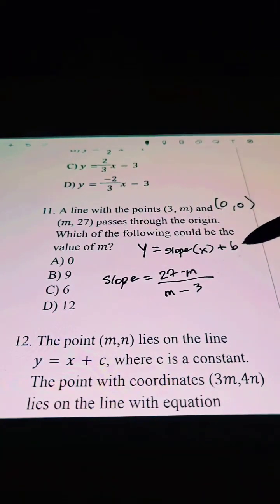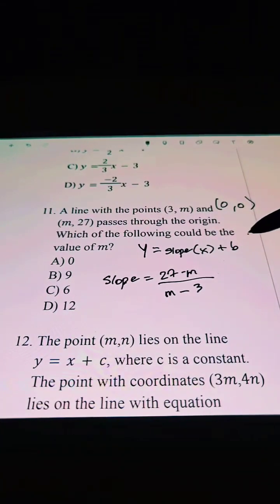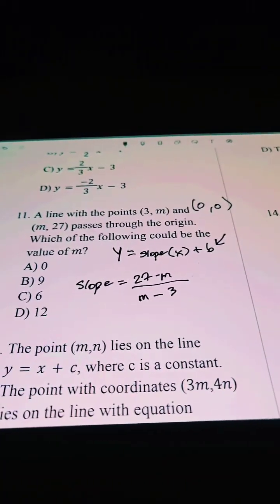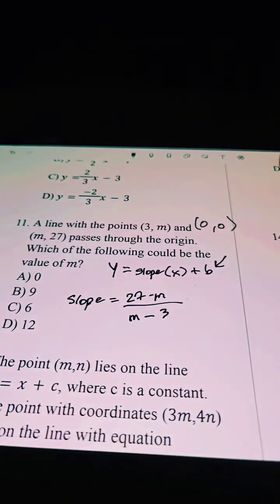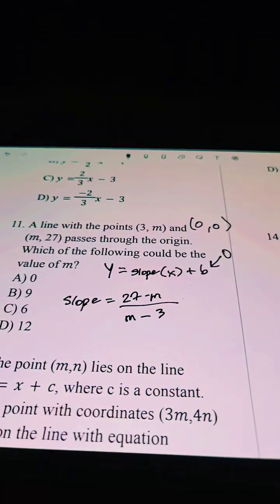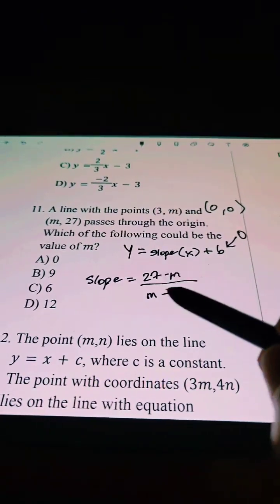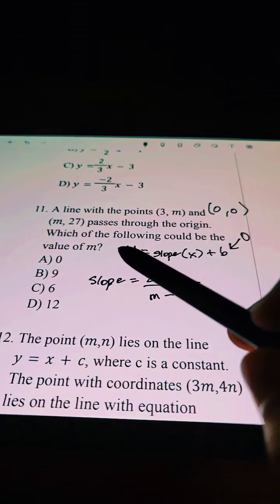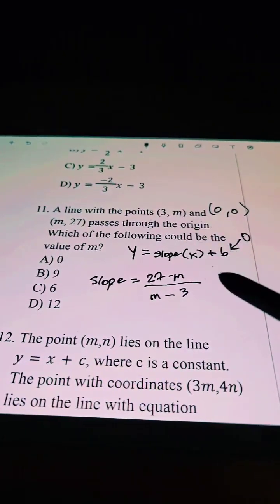And then we know the y-intercept is already going to be 0 because (0, 0). It's technically an x and a y-intercept, but when we think y-intercept, just think, what's the y when x is 0, which is just 0. So we have this slope, we have that's 0, and what are we looking for? We're looking for what could be the value of m.